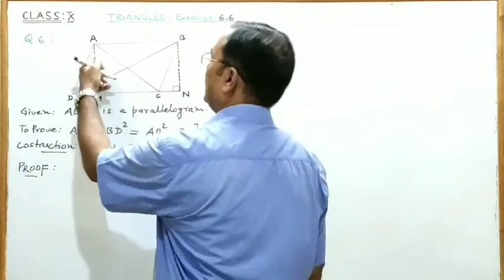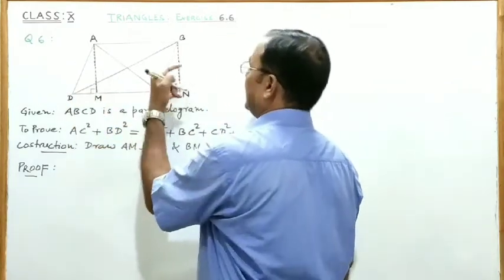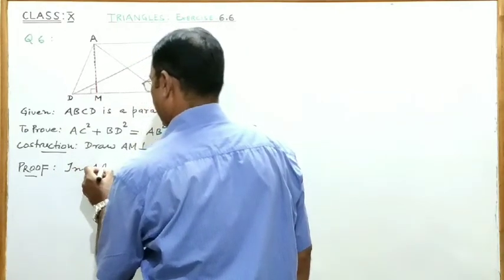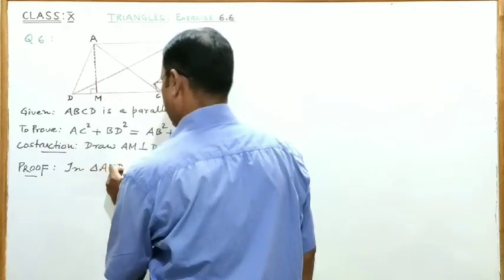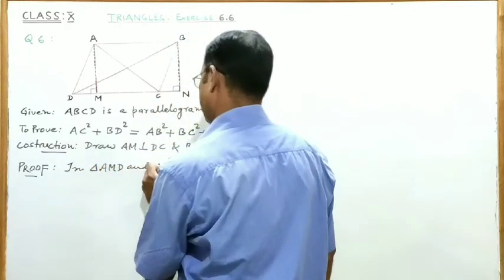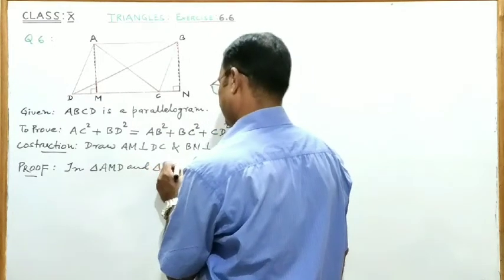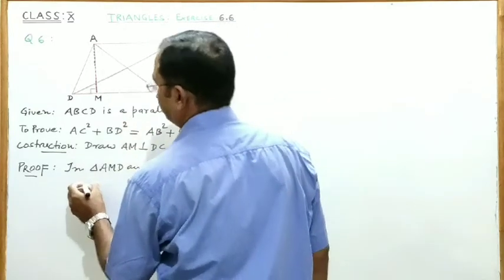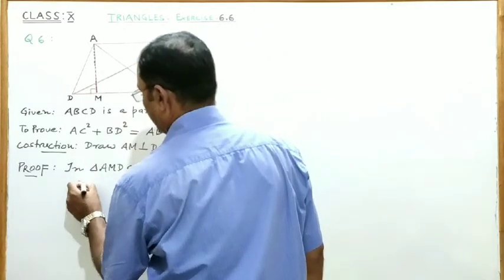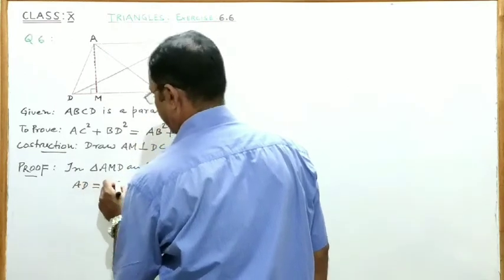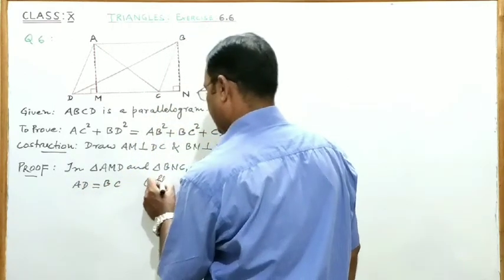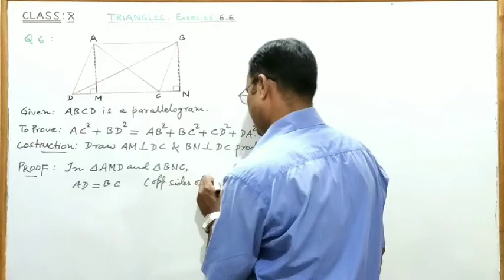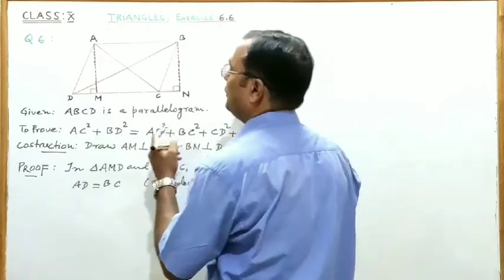In triangle AMD and triangle BNC, AD is equal to BC, because opposite sides of a parallelogram are always equal.